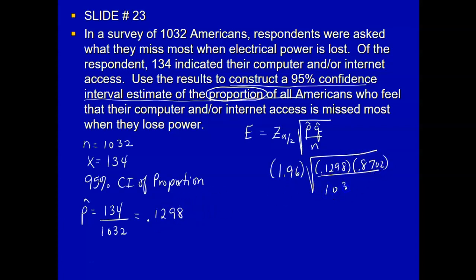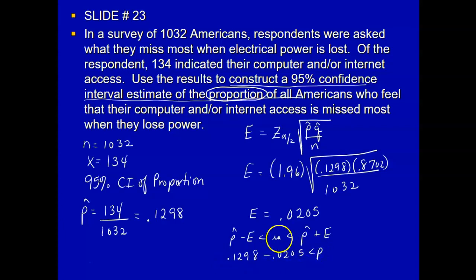And so then we have 1,032 for my n, and my margin of error is 0.0205. So to actually form my confidence interval, I'll do p hat minus the margin of error and then p hat plus that. So I'll have 0.1298 minus 0.0205, and this should be a p, not a mu.